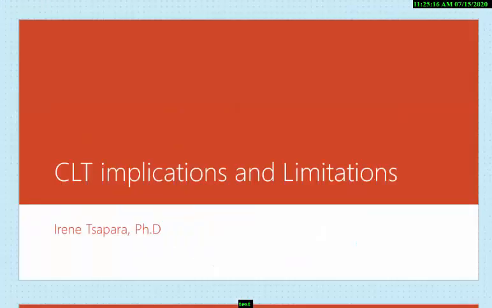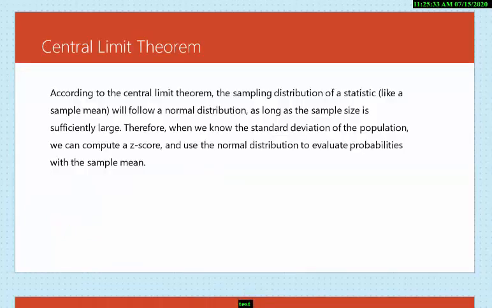Okay, let's talk now about the central limit theorem implications and limitations, because there are implications and there are limitations of the central limit theorem. Remember that we start with any type of distributed population, and we have to take a sample size that is greater than or equal to 30.